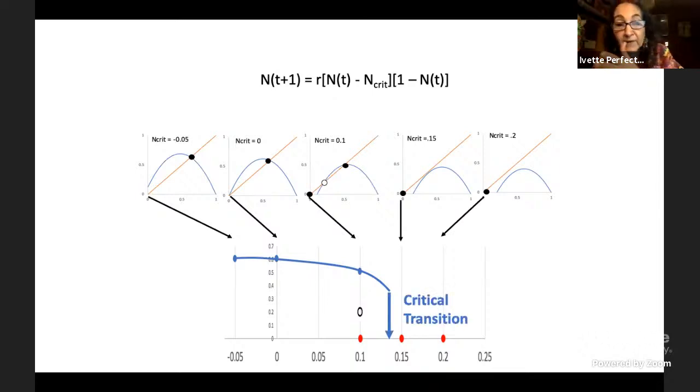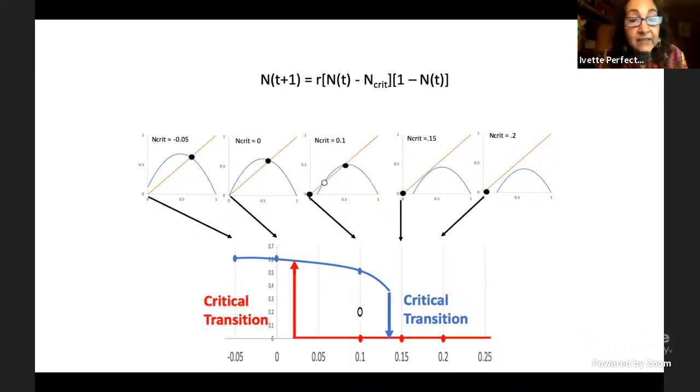And then if we move from these very high levels of n-crit toward the low levels of n-crit, we move in this direction until we reach another critical transition point, but this time it is a critical transition that goes from 0 to high levels, but that's also a critical transition point. And then this produces a region of instability, what is called a hysteresis or a hysteretic zone.